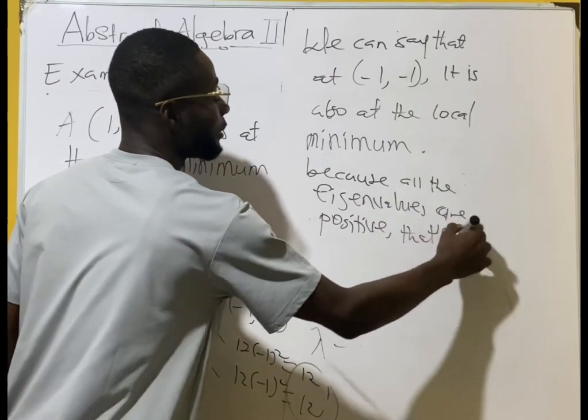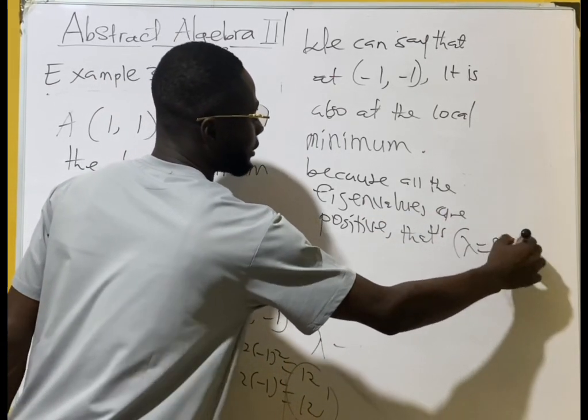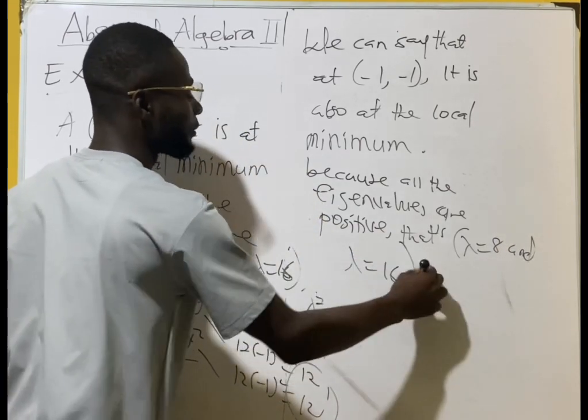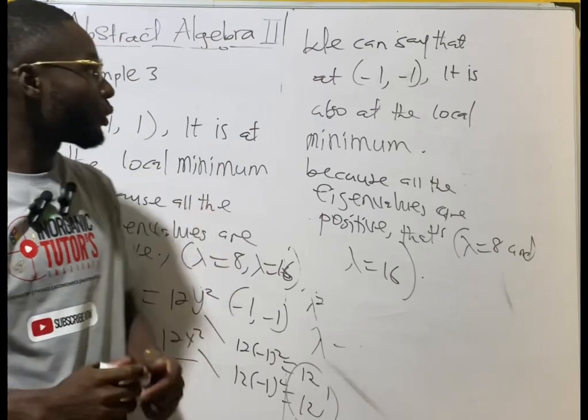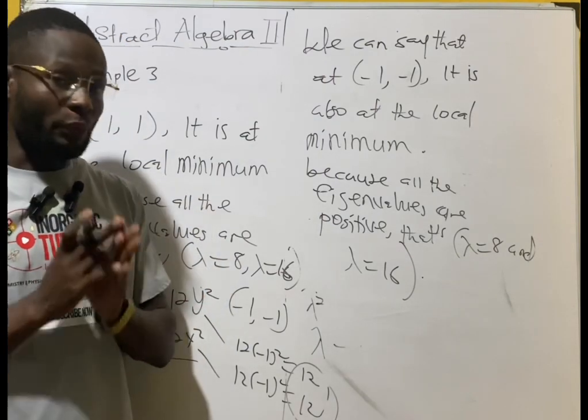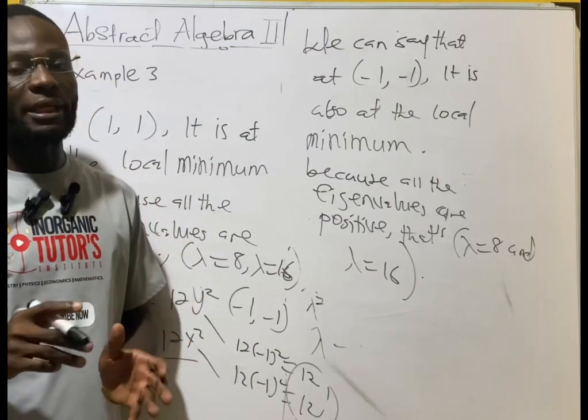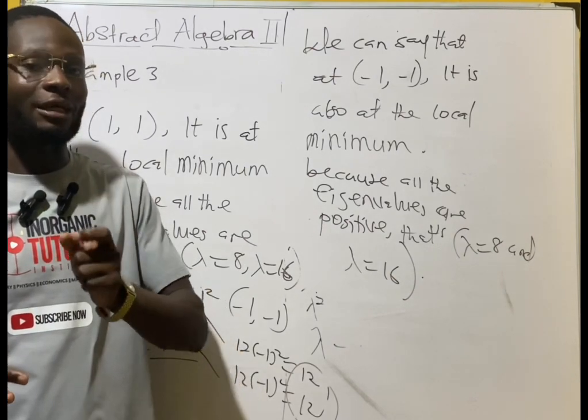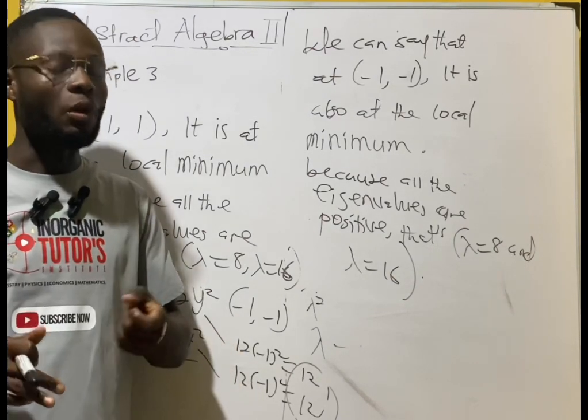That's lambda equals 8 and lambda equals what? 16. Right. So that is the process you go through to determine the critical point, and it also determines whether it's at the local minimum, maximum, or saddle point.